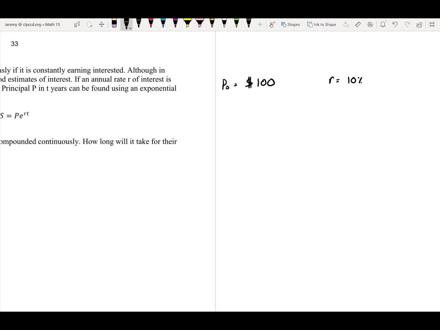So after year 1, if t equals 1, then you're going to have $110. And this is because from here to here, you earn 10%. And 10% of $100 is $10. So you got plus $10.